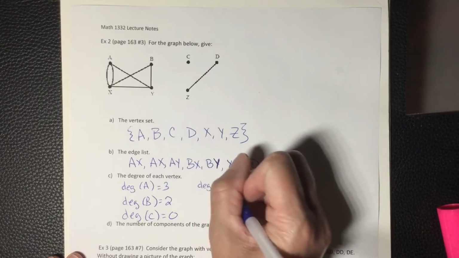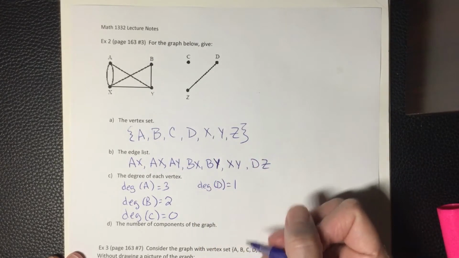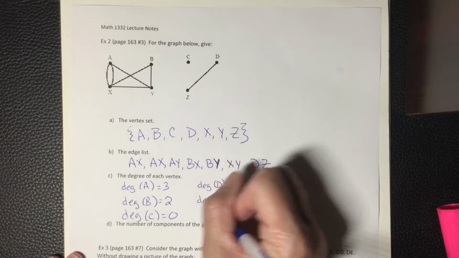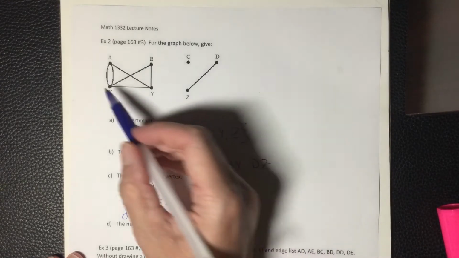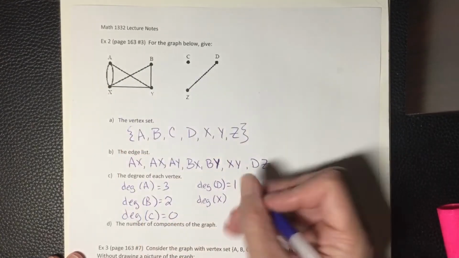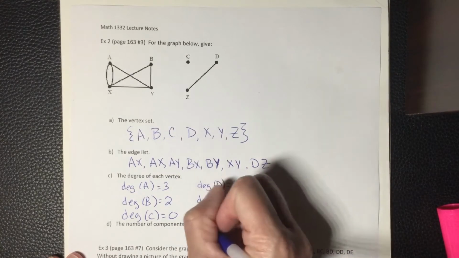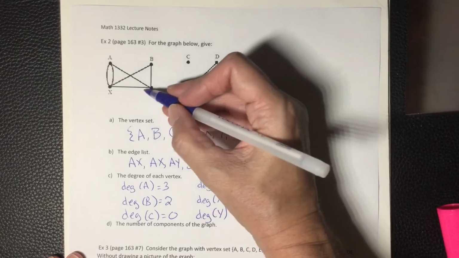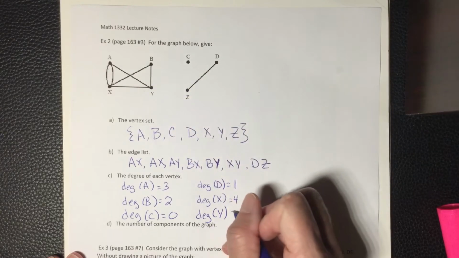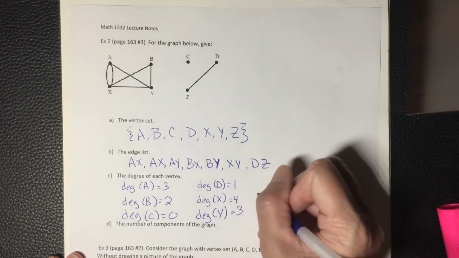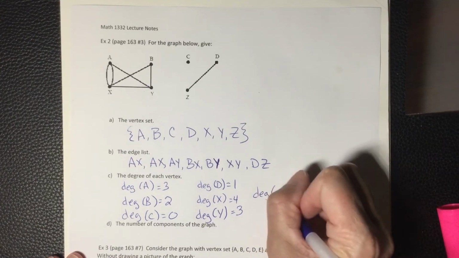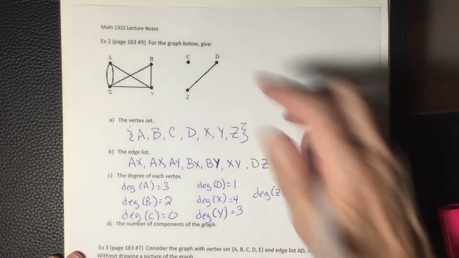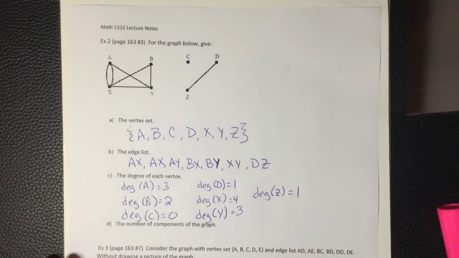The degree of D, we only see 1 line, so it's 1. The degree of X is going to be 1, 2, 3, 4. The degree of Y is going to be 1, 2, 3. And then the degree of Z just has 1 line coming off of it, so that's 1.